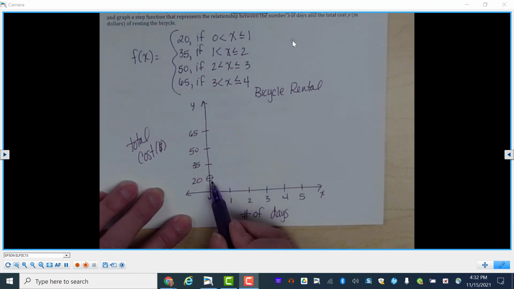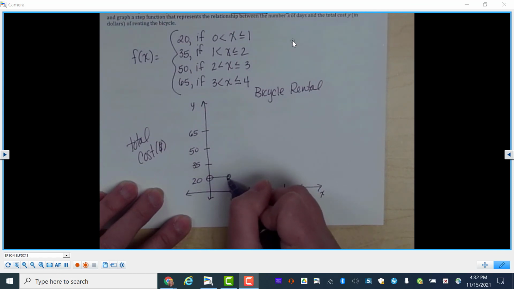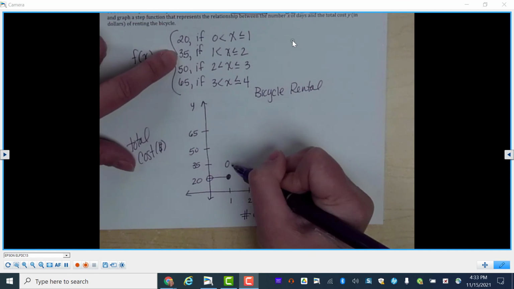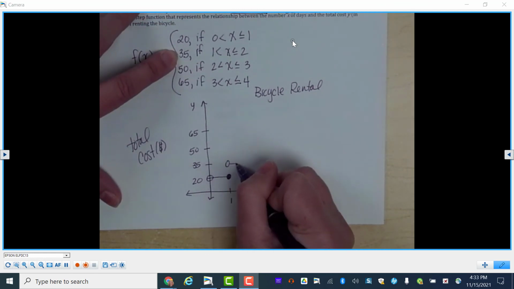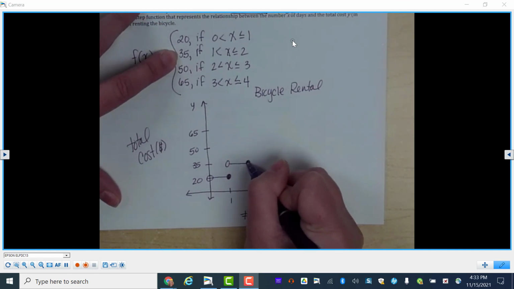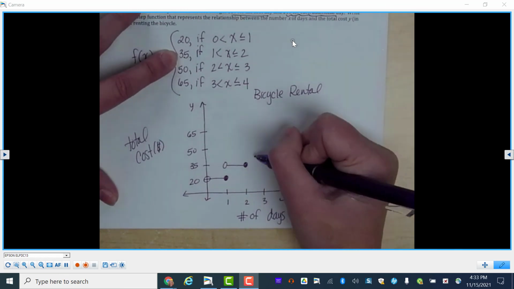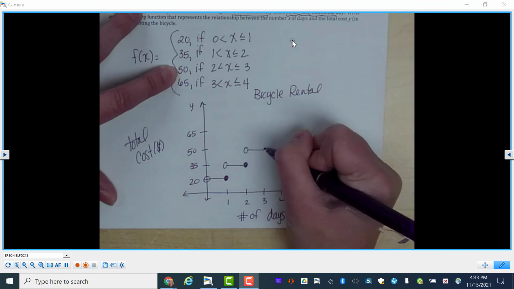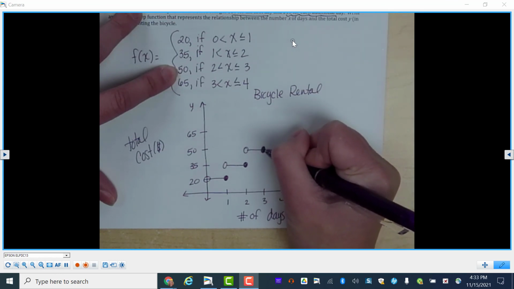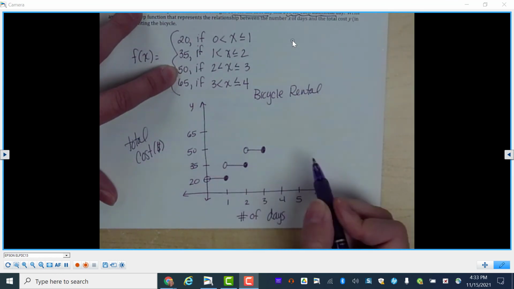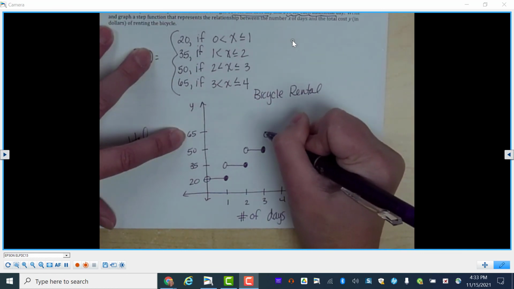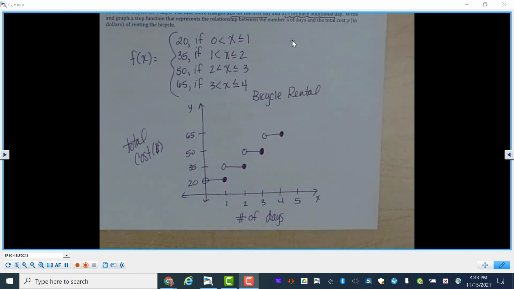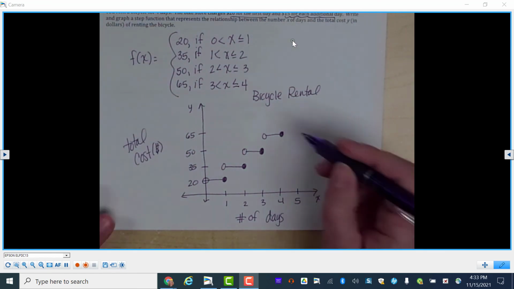Open-ended at 0, closed at 1, open-ended at 35 right here at 1, closed at 2, so 50. Notice it's obvious that these are open. So I'm all set with a beautiful graph.